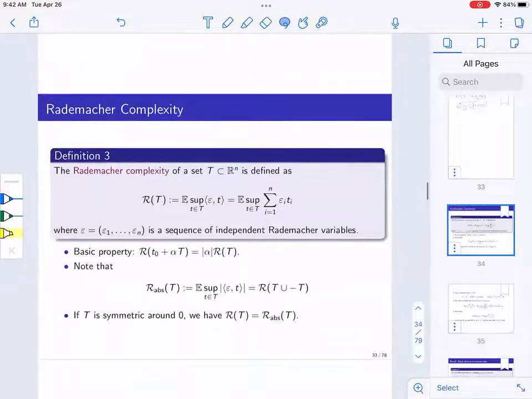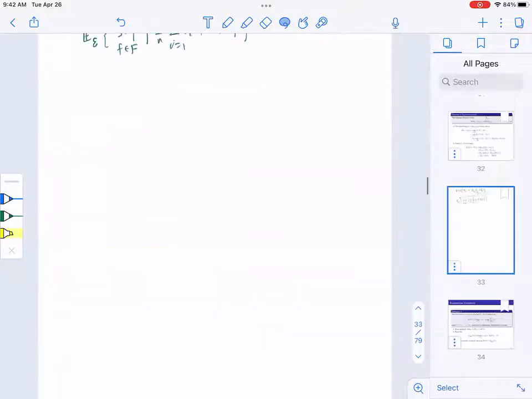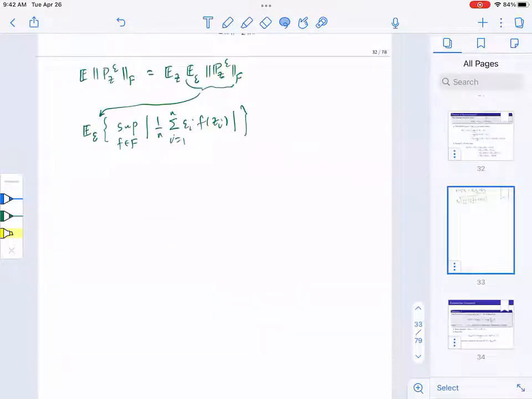What I want to introduce is the Rademacher complexity of a set in R^n. Using the notation I had before, f(z), I'm also going to write it as F∘z.